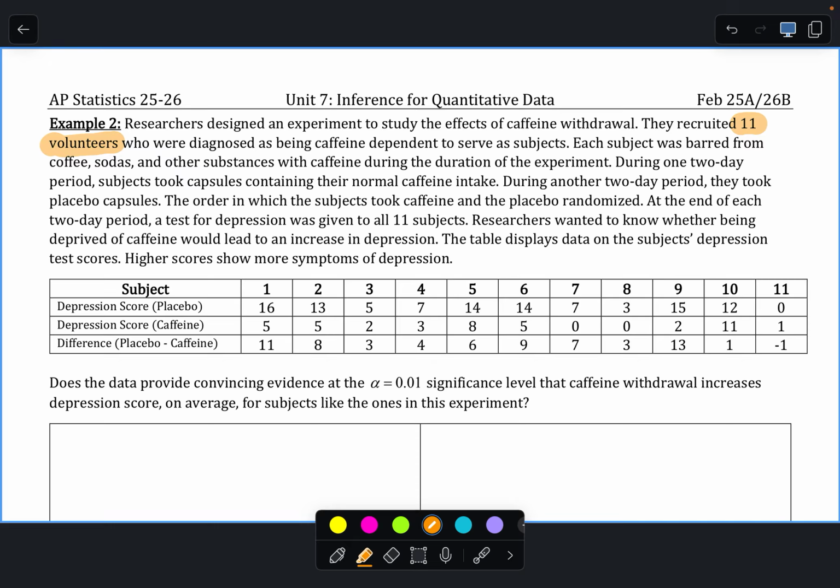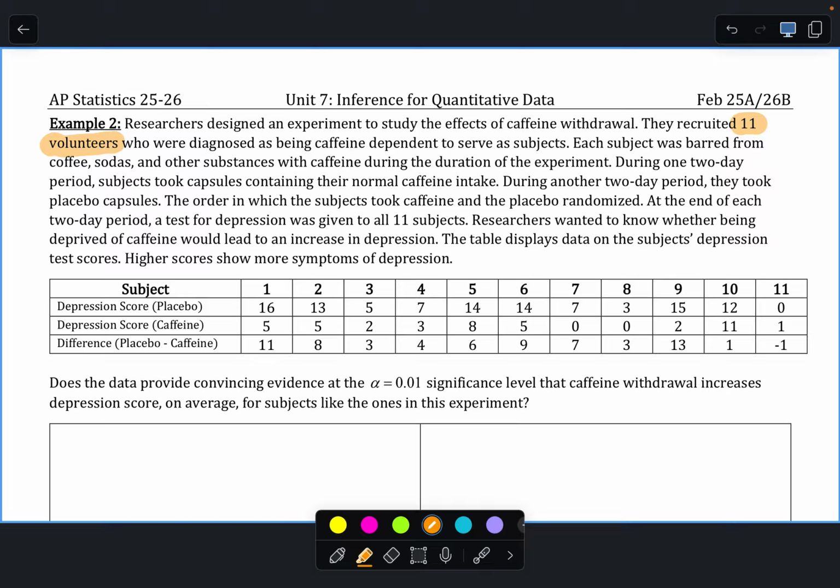So each of the volunteers is going to spend 2 days taking their normal caffeine, and then they're going to take a test on depression, and then they're going to spend 2 days with a placebo that has no caffeine, and then they're going to take their depression test and compare the scores.